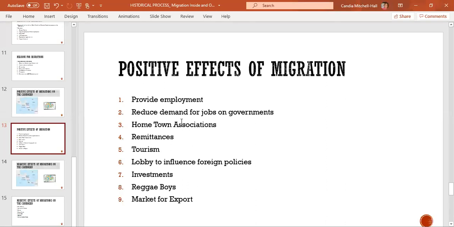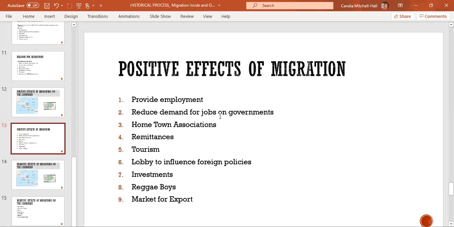Every year they return and give things like eye checks, medical checkups, free medication, glasses, healthcare. You might be a medical doctor, you go abroad, you live in the US, you have some Jamaican doctors there, you form an association, you come back home, and you give some free healthcare to Jamaicans, or you sponsor a Jamaican to go and do a heart surgery or to get rid of some cancer. So hometown associations are very, very important.